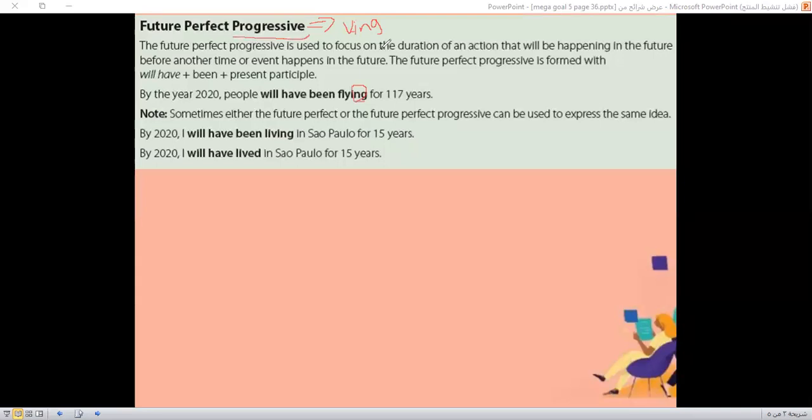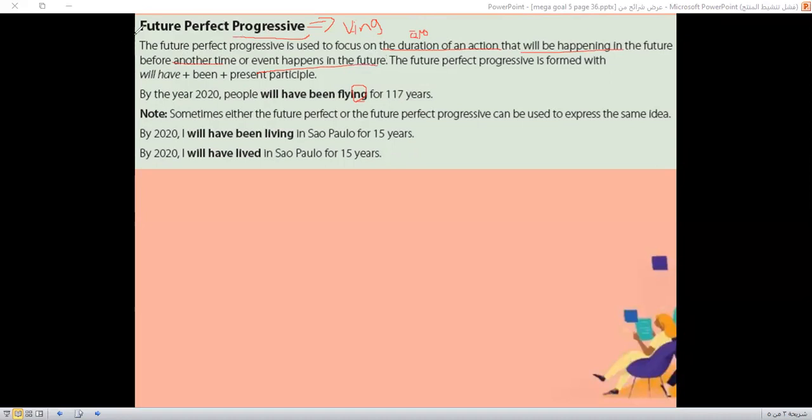What about this grammar, future perfect progressive? We use it to focus on the duration of time. Always when the grammar has progressive, it tells me that the focus here is on the duration. Duration means مدة. So I focus here on the duration of time that will be happening again before another time or another action in the future.